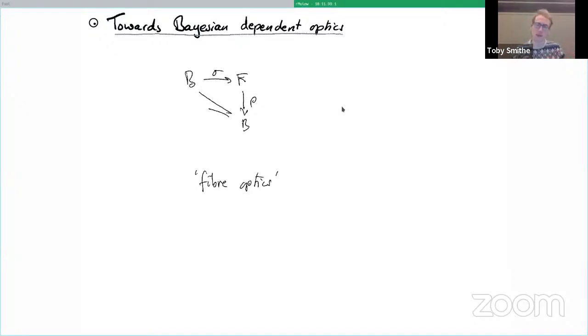Here, I take the bicategory to be spans, and this category to be the kind of category I get after this quotienting. And this does seem to give me some notion of fiber optic, which I can compose, and which behaves like Bayesian lenses do. And in fact, I have a notion of Bayes rule for this setting as well, which is quite nice. And so this is all looking promising.